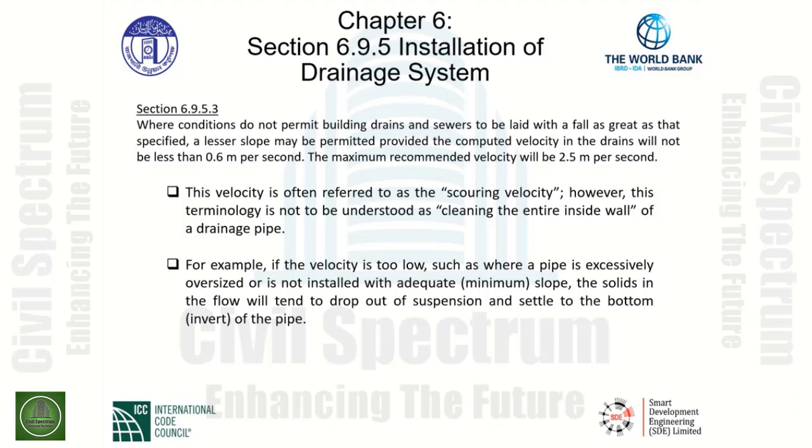When this happens, blockages occur in sections of our piping system, and this needs to be avoided. Therefore, proper analysis needs to be done when designing our drainage system and slope with consideration to the velocity of the contents being conveyed through our piping system.